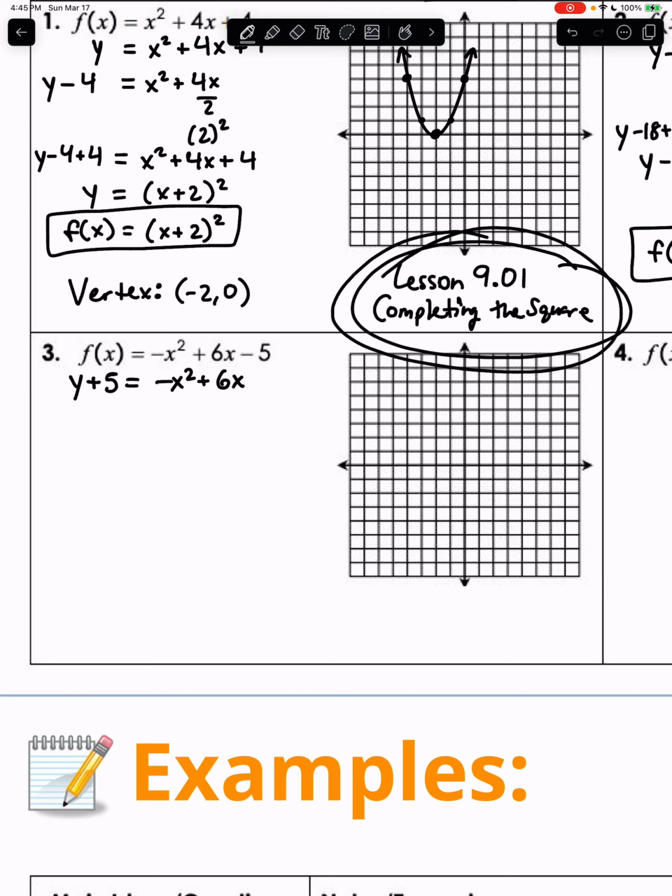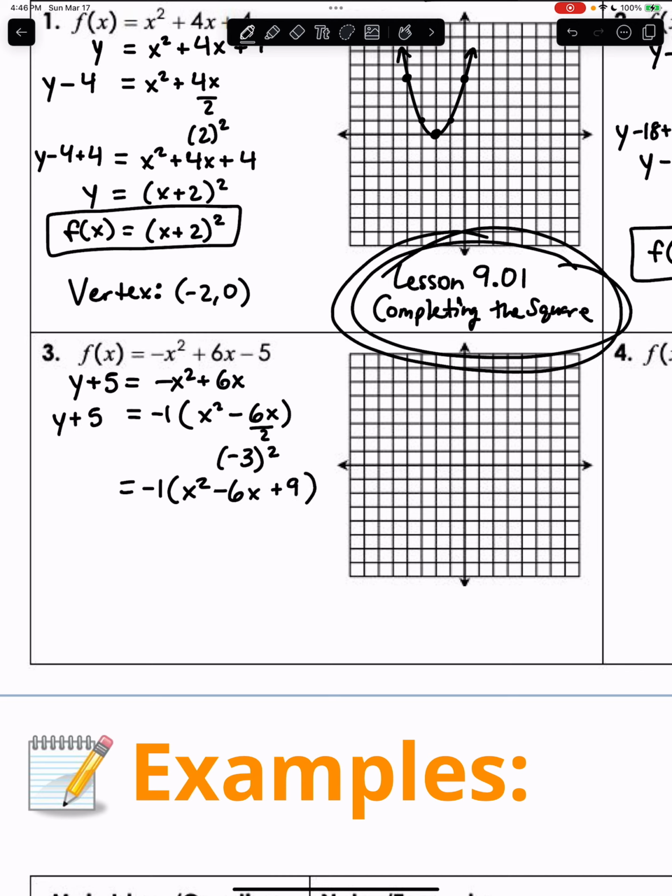Okay. Next up, ooh, this one you are going to have to factor out a negative. All right, let's see. Minus 6x. All right, negative 3 squared would be 9. Alright, okay, do you remember what I do here?